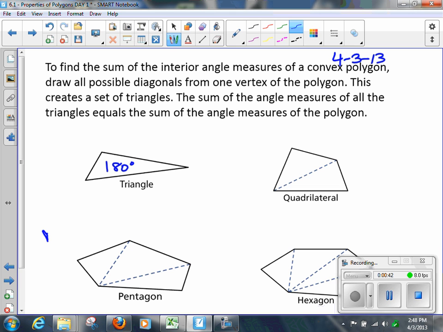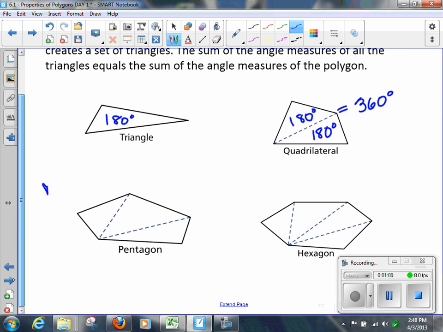If I draw a dotted line in a quadrilateral, no matter what kind it is, it forms how many triangles? 2. So I've got 180 degrees in this triangle and 180 degrees in this triangle. In the quadrilateral, it is 360.